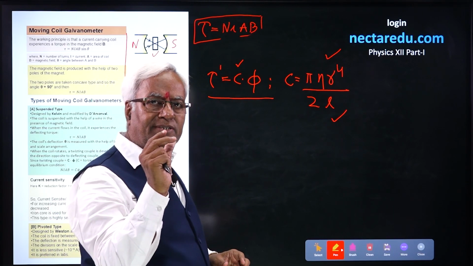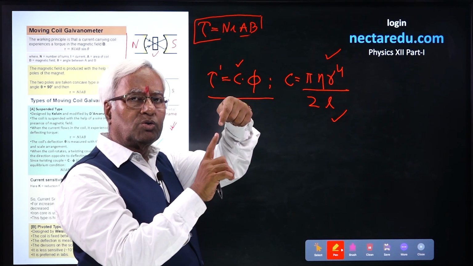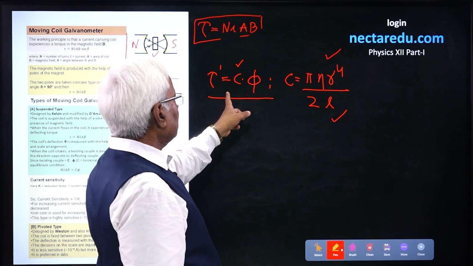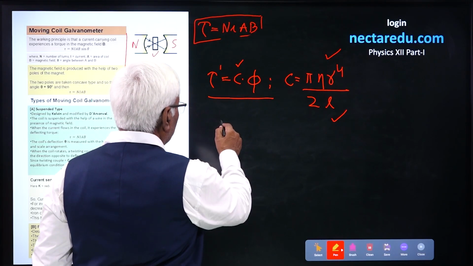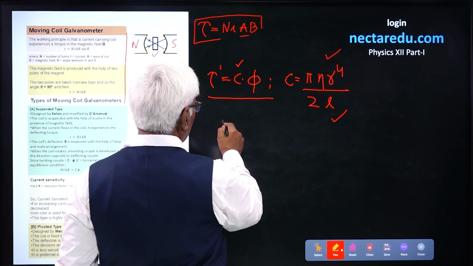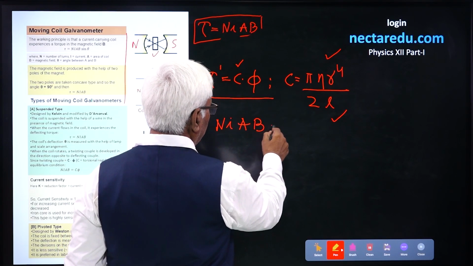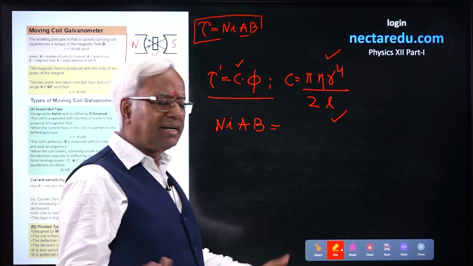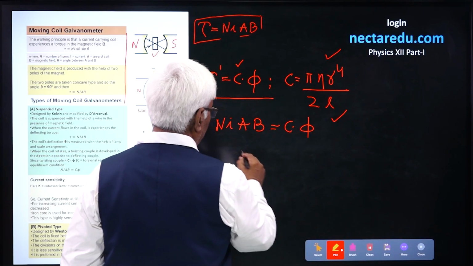When the coil gets rotated by angle theta, the wire will also get twisted, and because of that twisting, there will be a couple produced, twisting couple. For the equilibrium, both must be equal. You see, NIAB theta, the deflecting couple because of the magnetic field and current's interaction, equals C phi, because of the twisting produced in the wire.